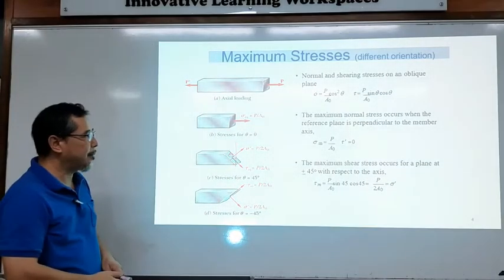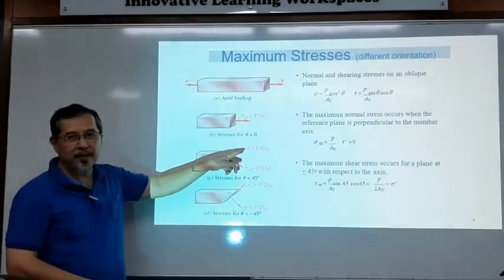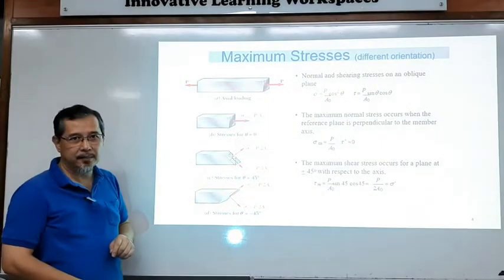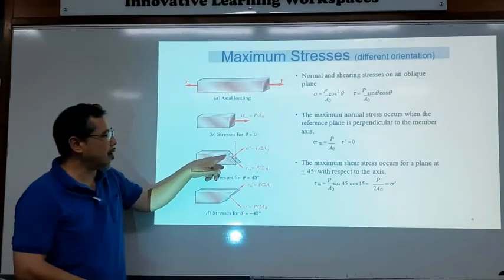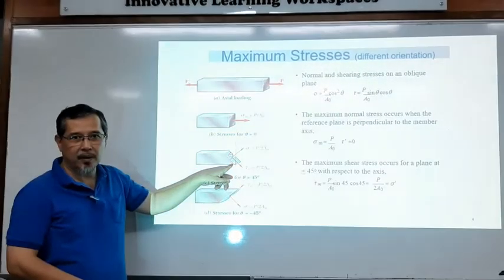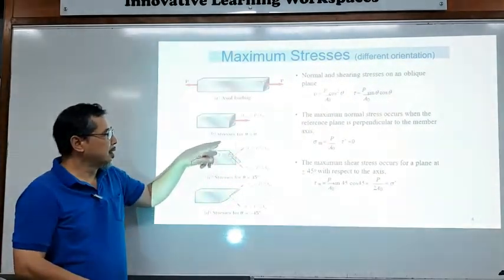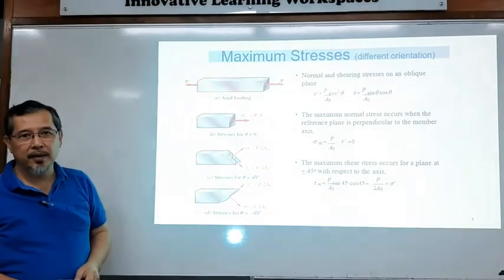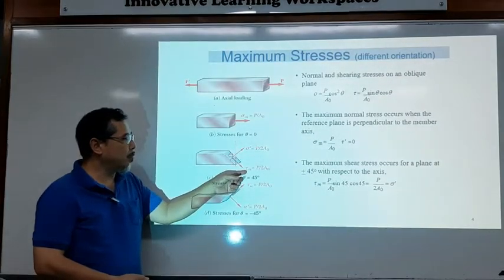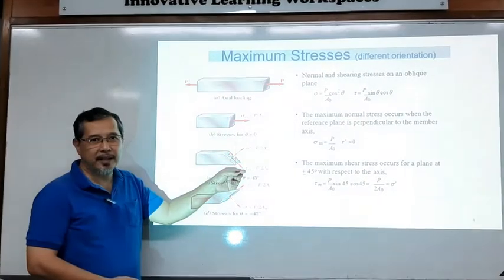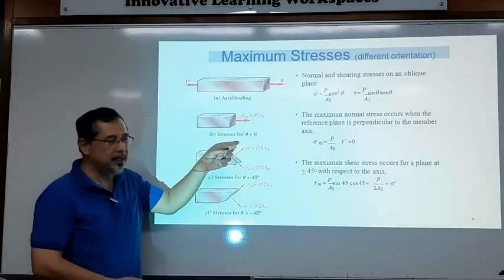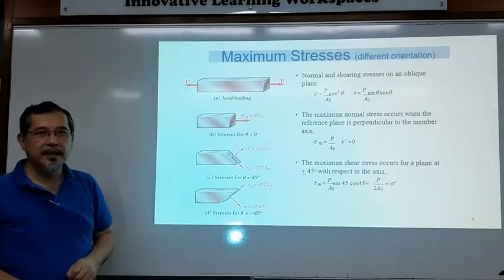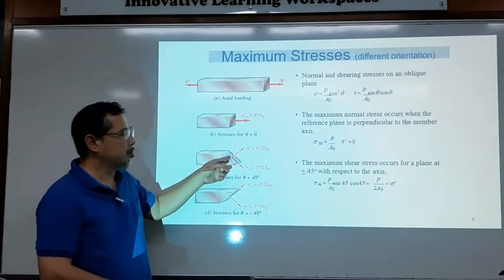Then we can find that the normal stress will change due to the change in the surface area, because it is not A0 anymore, it is larger. And we will also get a component parallel to the surface, which creates shear stress. So we have a normal stress component and a shear stress component, and their values will change according to the angle theta.